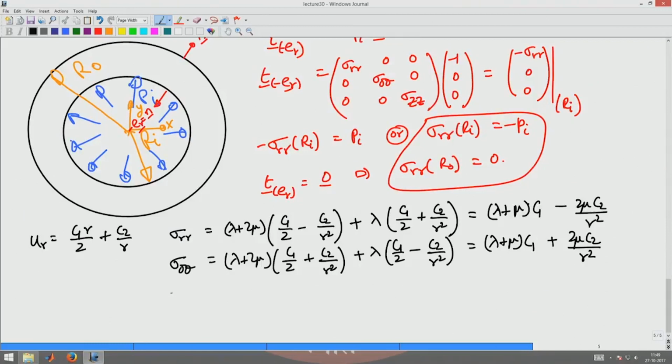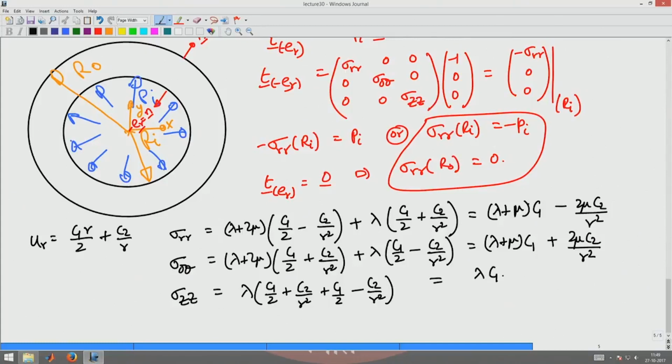Okay. And sigma ZZ now will be lambda times C1 by 2 plus C2 by r square plus C1 by 2 minus C2 by r square, which will be lambda times C1.